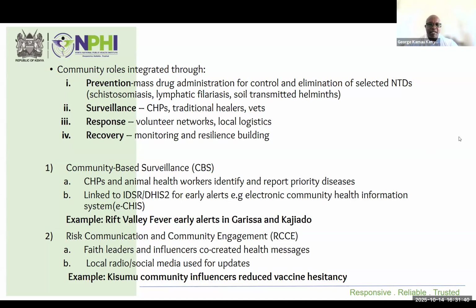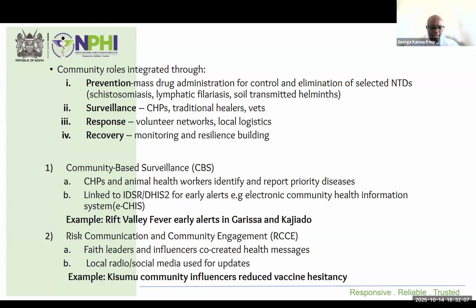In Kenya we call it eCHIS, which is the Electronic Community Health Information System. An example of a true case scenario was Rift Valley fever, which was reported as a signal from the community in Garissa and Kajiado. We were able to pick this signal from eCHIS, and it was confirmed to be RVF.